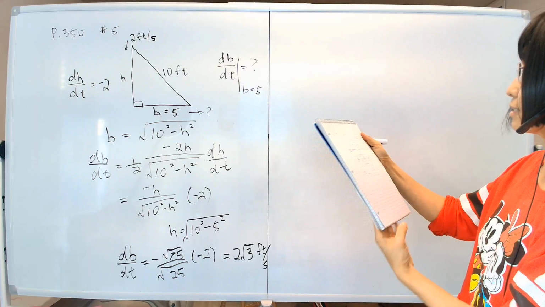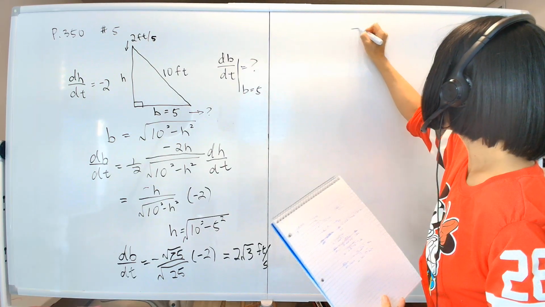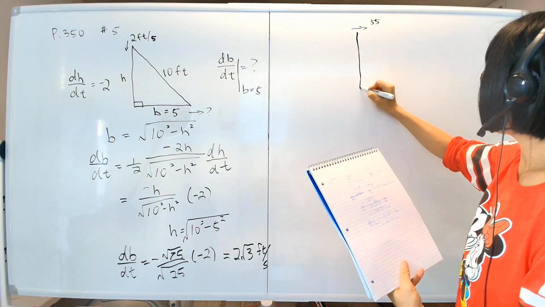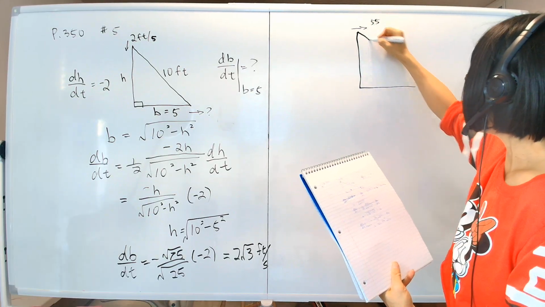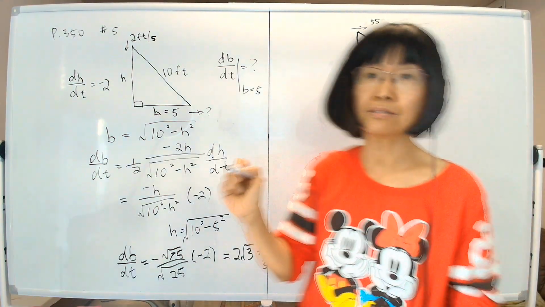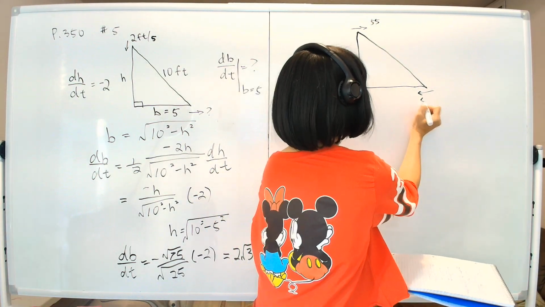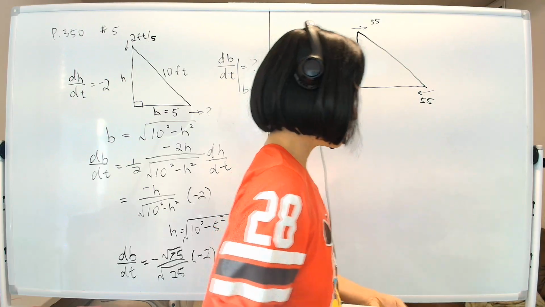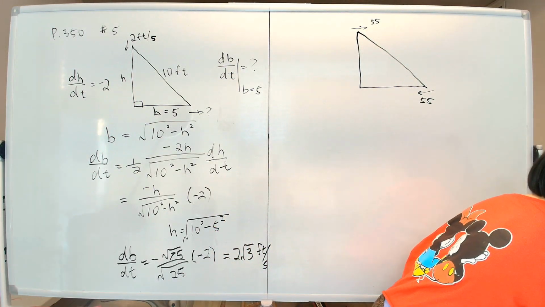So we'll draw this thing. One bus goes this way at 55 mph. The other bus goes the opposite way, also at 55, which is fine. Their distance is 13 miles apart.